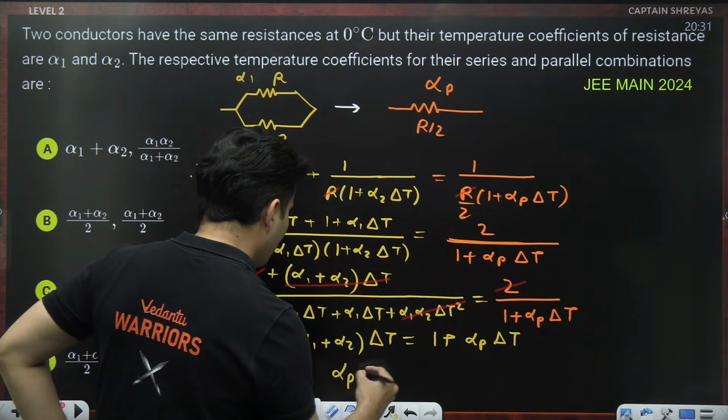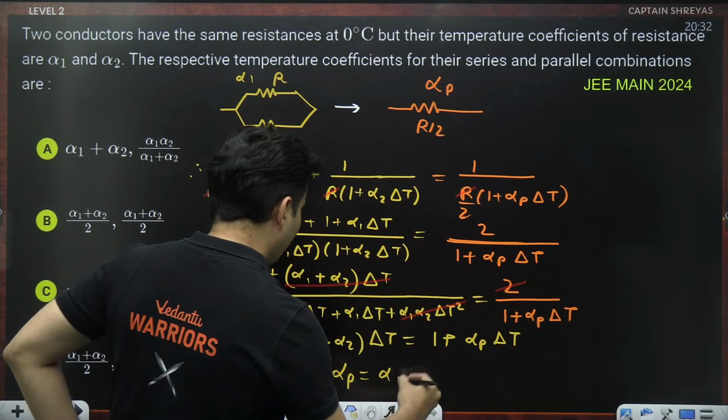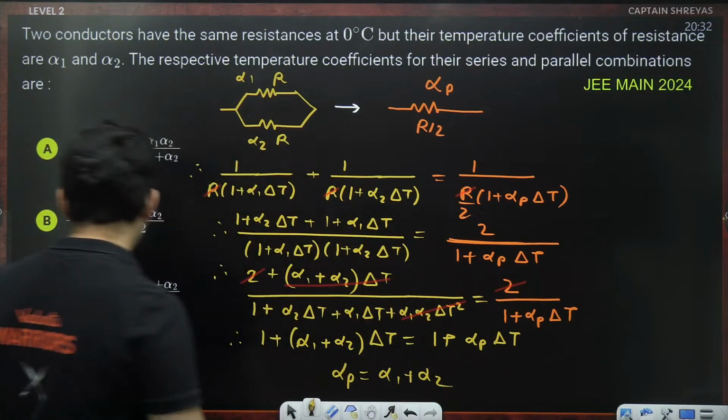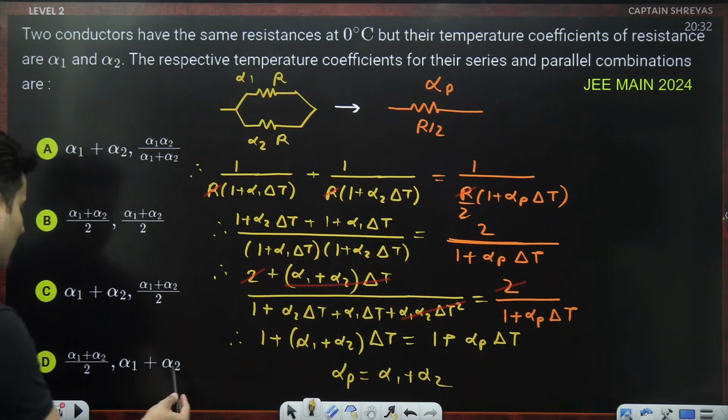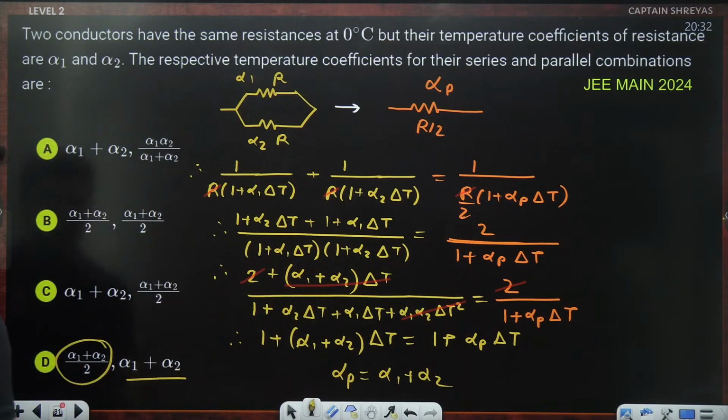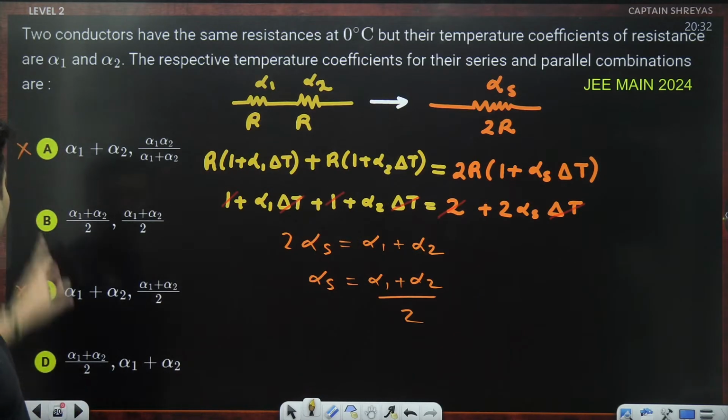So alpha p will be nothing but alpha 1 plus alpha 2, basically. So alpha 1 plus alpha 2 is right over here, and this thing is right over here. So we eliminated already C and Q option.